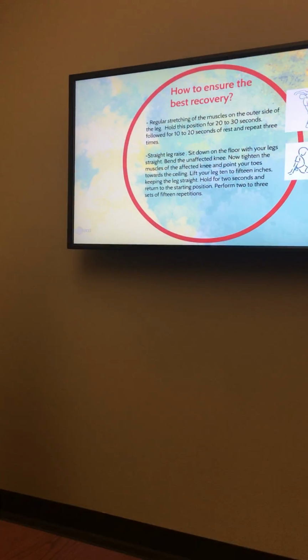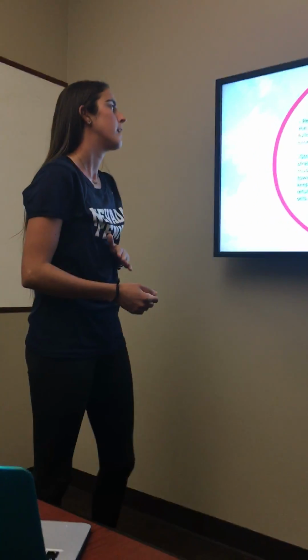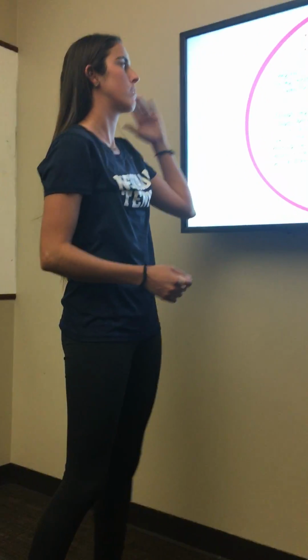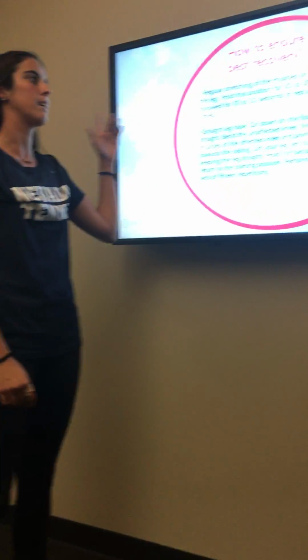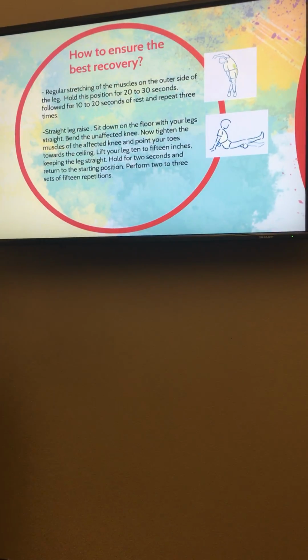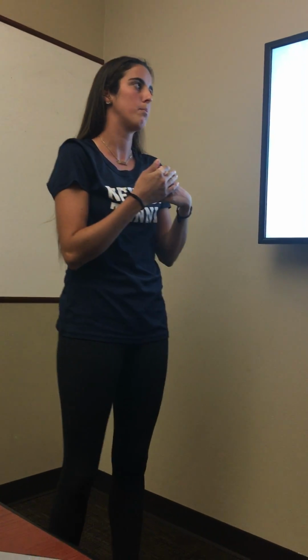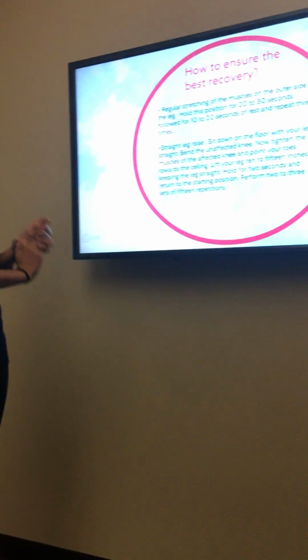Also, we are going to talk about how to ensure a better recovery for the knee pain. A regular stretching, as we said before, of the muscles on the outer side of the leg is going to help. The position should be like we see in the picture, and we should hold 20 to 30 seconds, then take a rest and do a couple of repetitions like this, also for 10-20 seconds each.